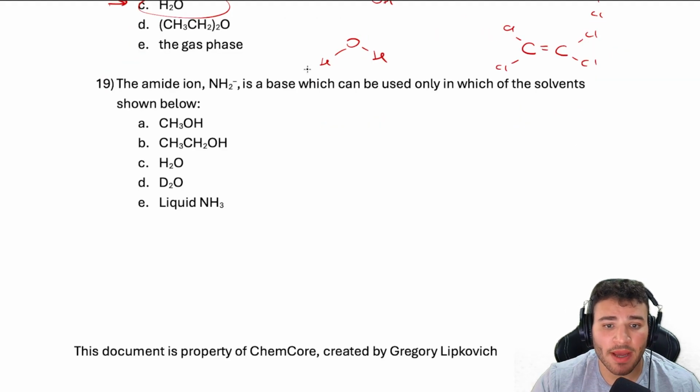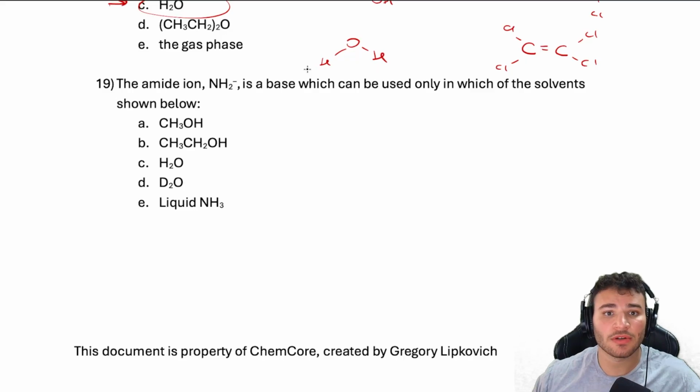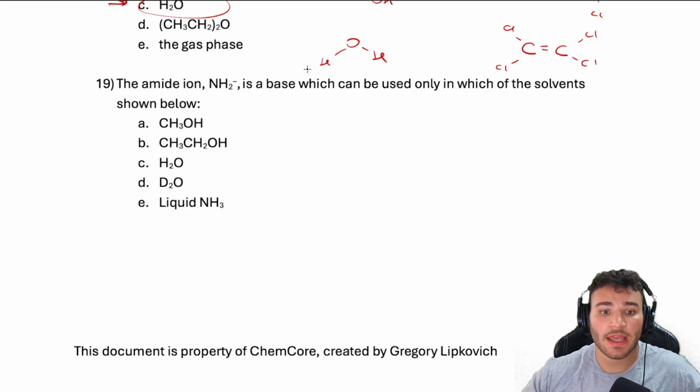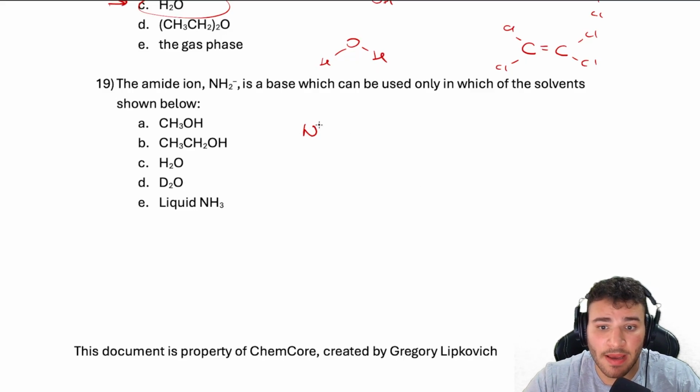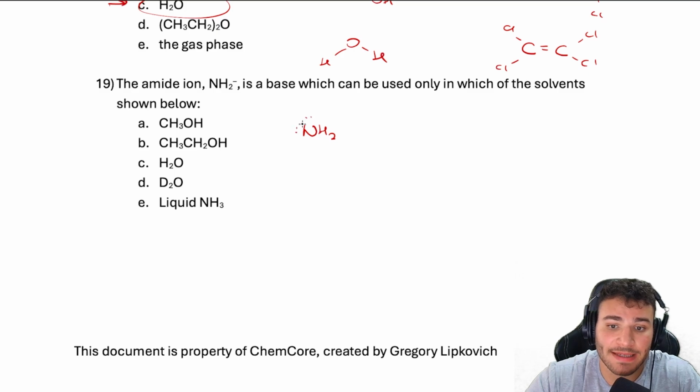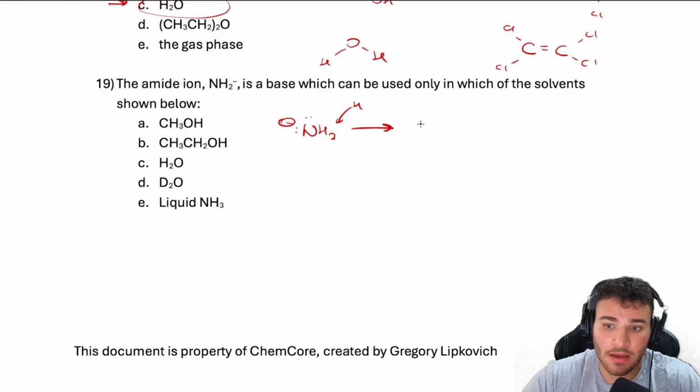Question 19, the amide ion NH2- is a base which can be used only in which of the following solvents shown below. Remember, this is similar to a question we did earlier in the sheet. If amide ion acts as the base, which it probably will if you had to guess because it has 2 lone pairs and a negative charge, meaning that it gets another proton, it's going to become just ammonia, right? NH3.